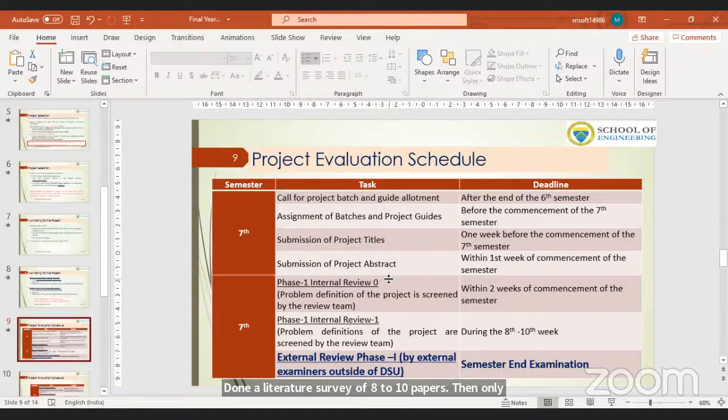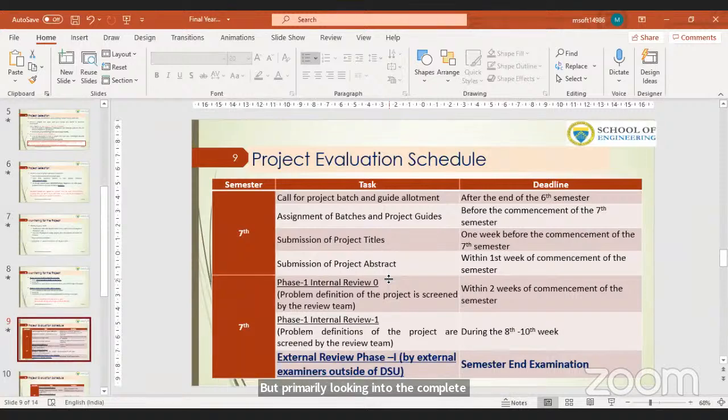Whereas in review 2, you have added some more papers into your literature survey, as well as done a detailed study on what should be the functional or non-functional requirements of the project, and come up with the design of the project. Okay, and the assumptions that should be there for the project, or maybe a little bit of the development also, but primarily looking into the complete design of the system.